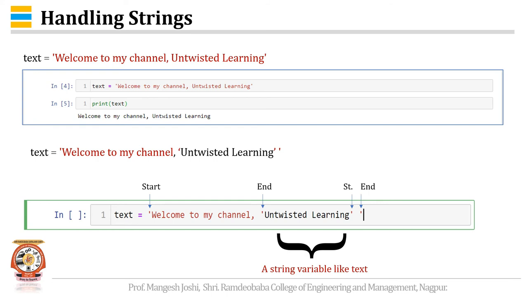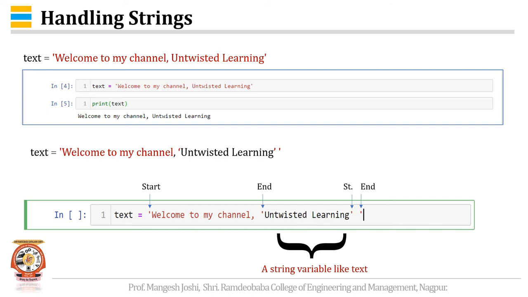But suppose you want to highlight untwisted learning, that is the channel name, with single quotes. Are you getting my point? You want to highlight untwisted learning in single quotes.